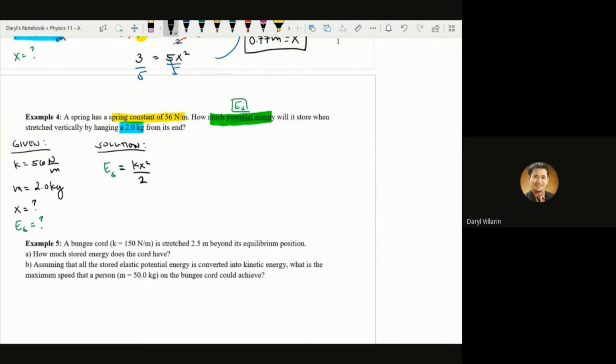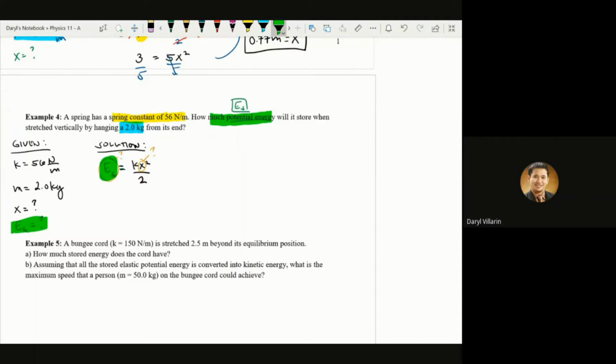Okay, so if you can see here, E sub S is a question mark as well as your x. Remember that the main question here is the potential energy. So therefore, we want to solve for this. So this is our main question.